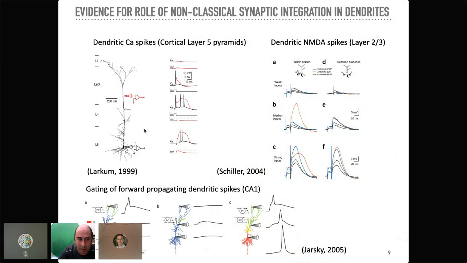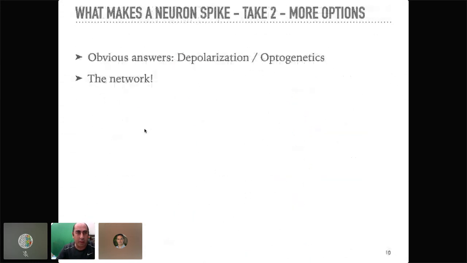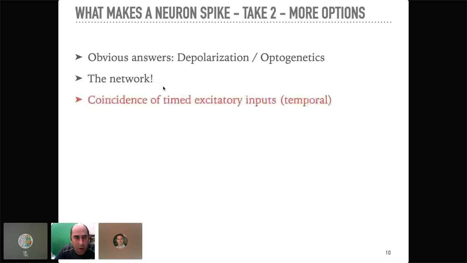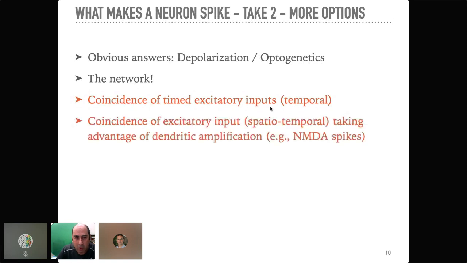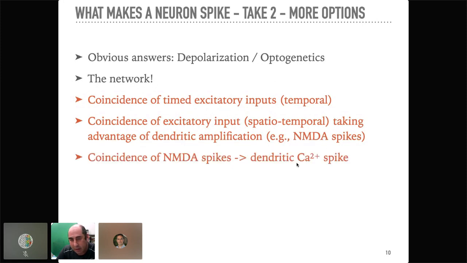And then the answer to what makes a neuron spike could be as trivial as depolarization, or if you ask an undergrad, probably the answer you'll get is optogenetics. It could be the network, but it could also be coincidence of timed excitatory inputs, or coincidence of excitatory input that leads to NMDA spikes, and it could be coincidence of NMDA spikes that leads to a calcium spike, and it could be some controlled inhibition or disinhibition.